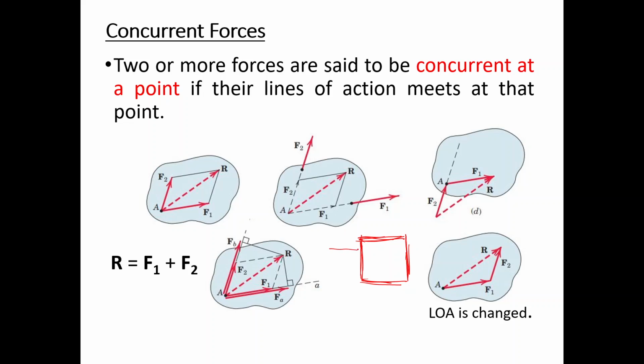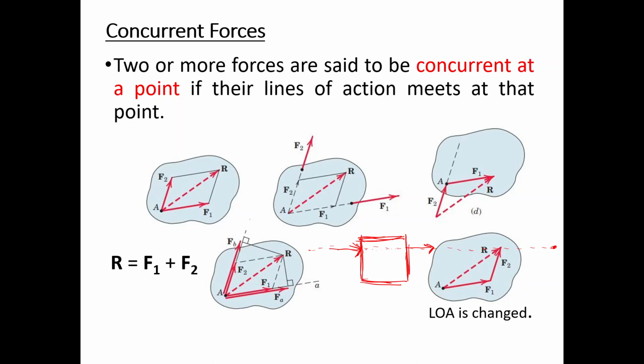Let's say you have this force, then another force here. This one is a pulling force, this one is a pushing force. They are concurrent because their lines of action meet at one point. Even if you extend them up until here, their line of action is the same.